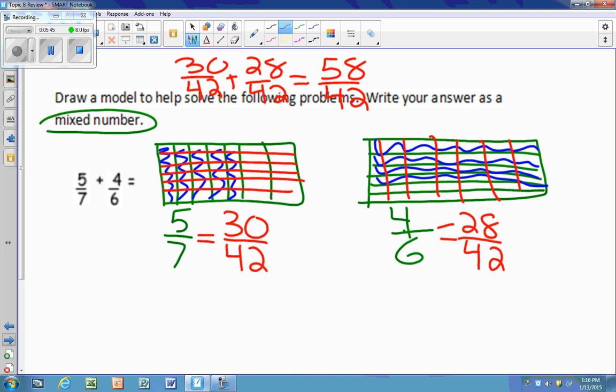Now we have to divide 58 by 42 in order to make a mixed number, because we can't have an improper fraction where the numerator is bigger than the denominator. So it goes in one time with 16/42 left over. And now I'm going to divide both of these by 2, and I end up with 1 and 8/21. And that would be my final answer.